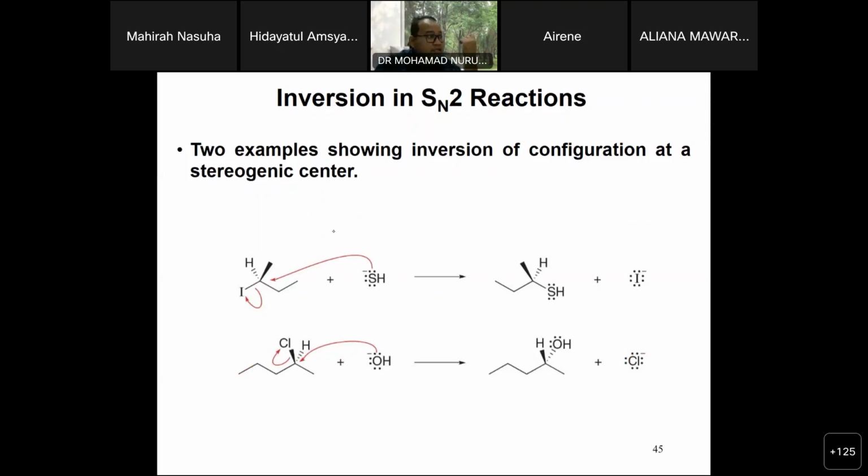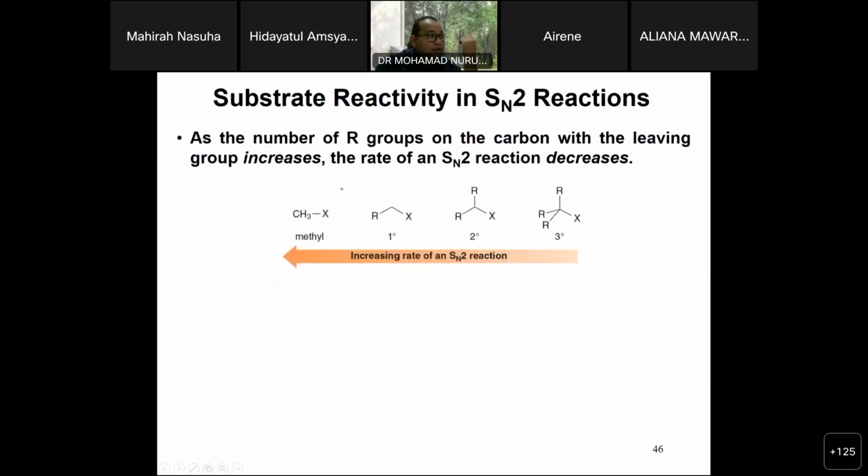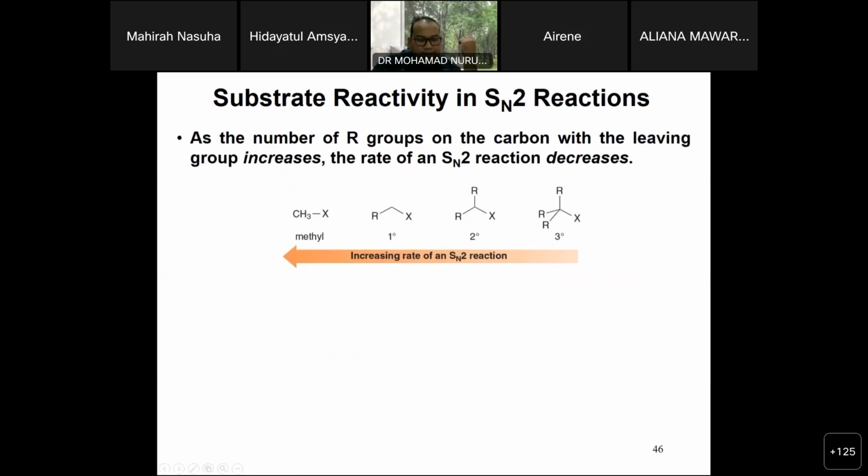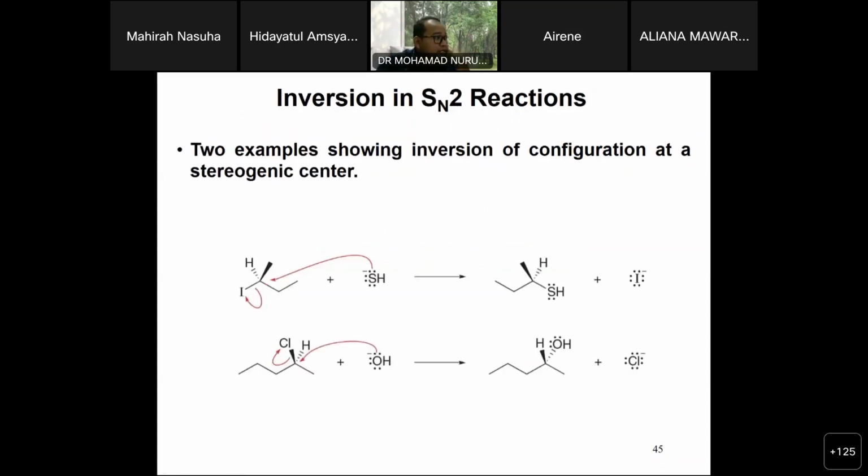So the first one is, okay, if we see clearly, this one is at the back. This one is at the front. Okay, so this is the chiral center.